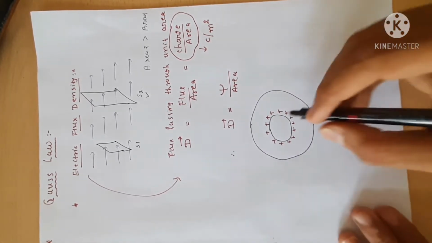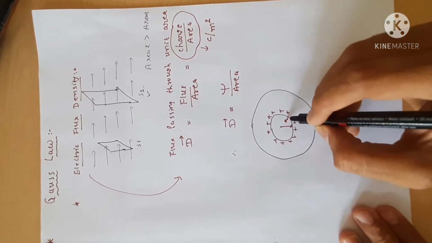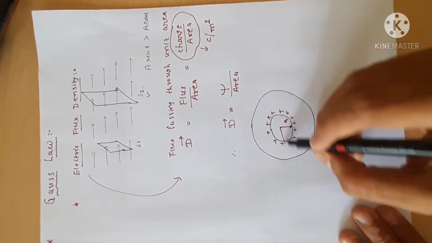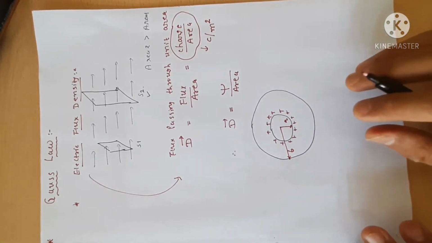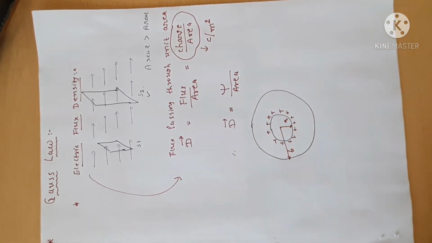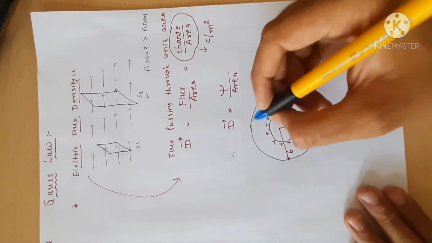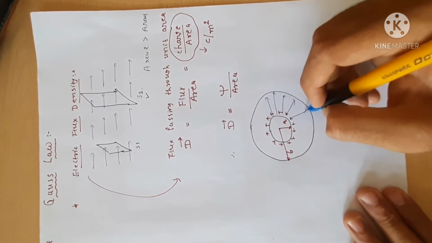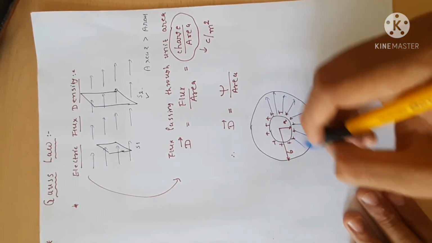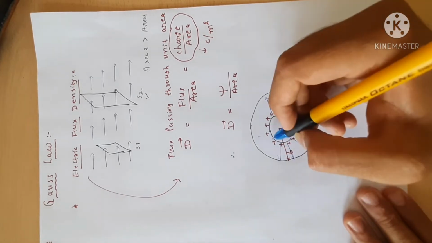The inner sphere has a radius A, the outer sphere has a radius B. What is the flux direction? As we know, the field comes out from the positive charge, so this is the field, or the flux direction.